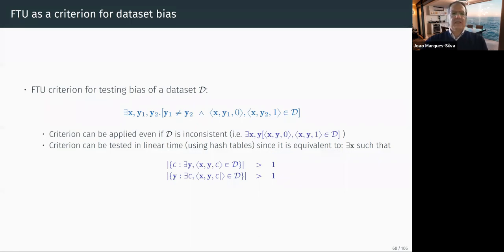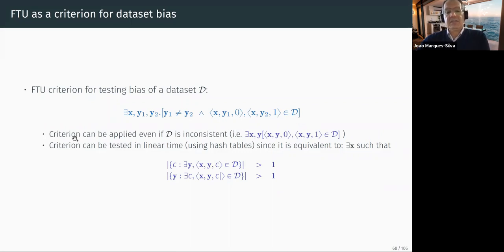But let me first talk about how we can use FTU as a criterion for dataset bias. So we have a dataset, and we would like to see if there is bias in the dataset or not. So again, we just have to look for a set of non-protected features and two different protected features such that the classifications are different. I have one at 0 and the other one at 1. Okay, and if this happens, I have bias in my data set.